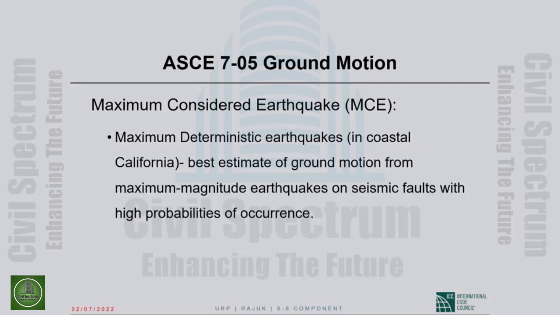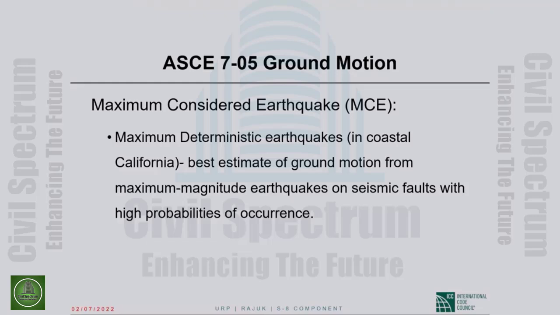A two-part definition was built around that declaration of principle. The Pacific coast of California is about the only part of the Earth's crust where seismologists know the seismic sources, and they also know the capabilities of the seismic sources, what they can generate by way of strong ground motion.